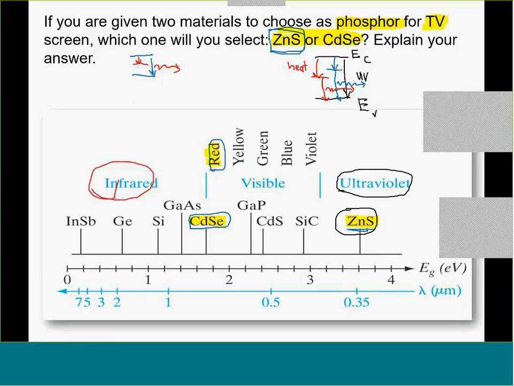The energy will be infrared, which you won't be able to see any color for cadmium selenide. So this is not possible because the energy difference between this one and this one is small, which corresponds to infrared. But for ultraviolet, since the gap is big, you are able to tailor-make according to what you want.